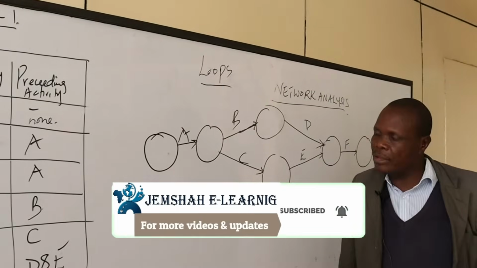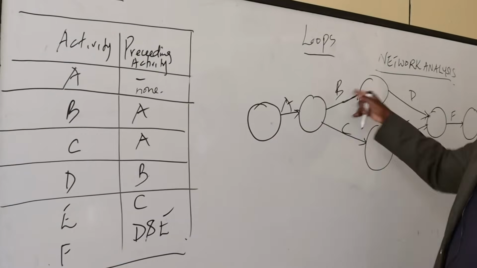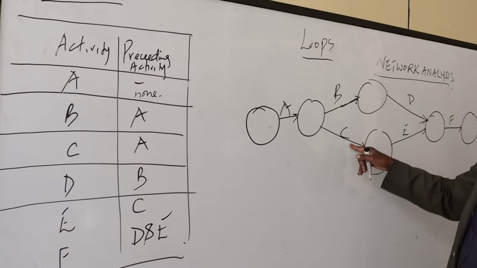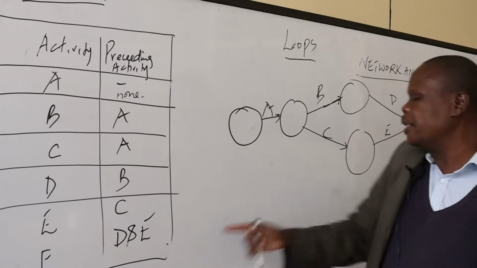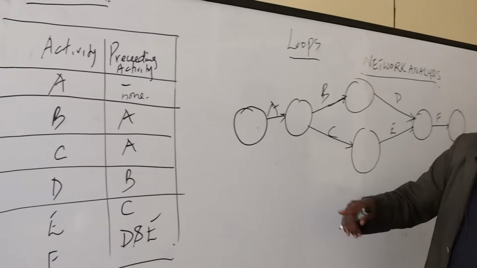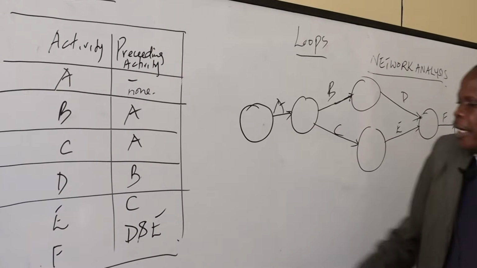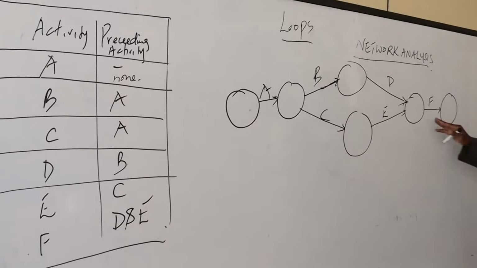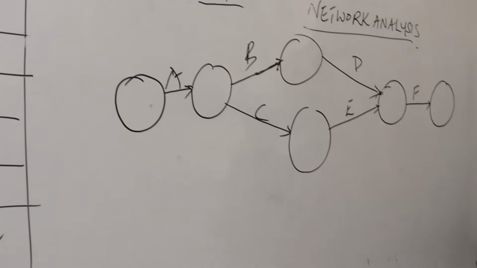After A, it gives rise to B and to C. Then B is giving rise to D, and C is giving rise to E. Then D and E both give rise to F, which is the final activity in that project.